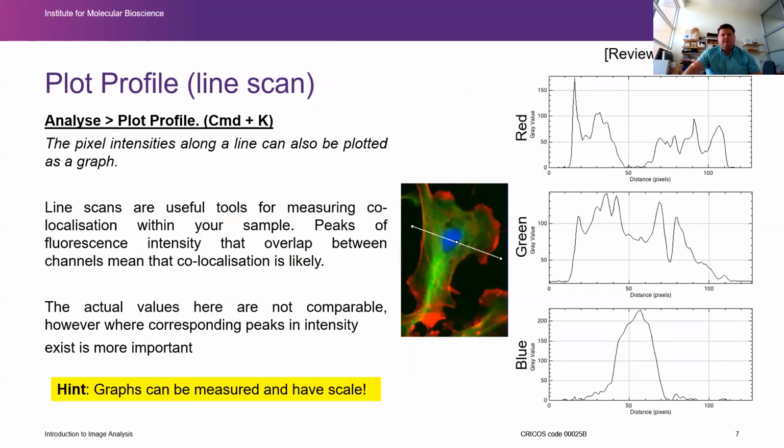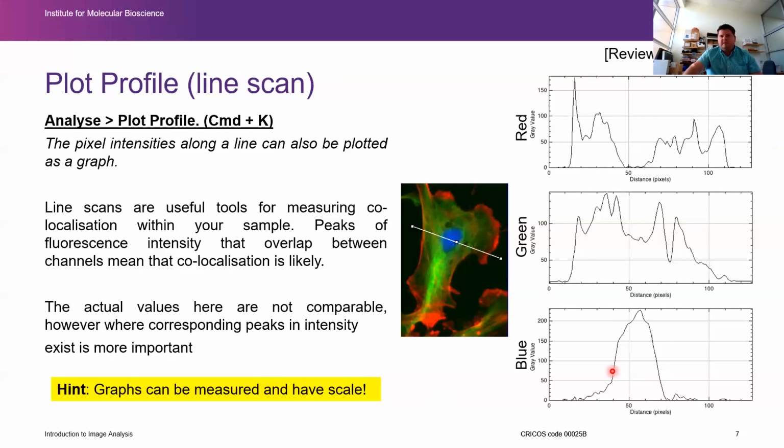You can also measure lines in Fiji. So you can do the line scan or plot profile method. If you draw a line across the image, you can run plot profile, and it will present things like the intensity values along that line. And you can use that for co-localization. What's really nice is that graphs in Fiji have scale as well.